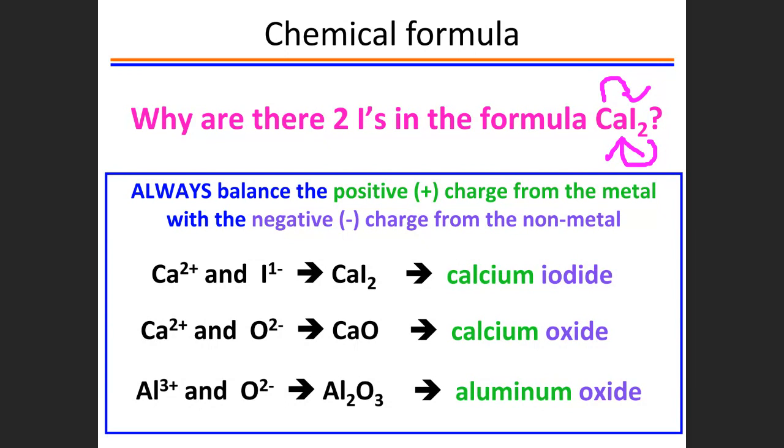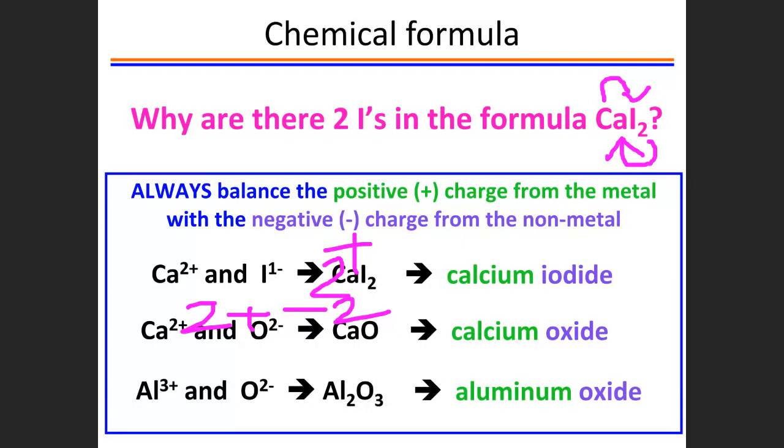I think you know the balancing of chemical reactions. So if we need to balance it, we put the 2 here, then we have 2 iodine, and the positive and negative charges will be +2 and -2.